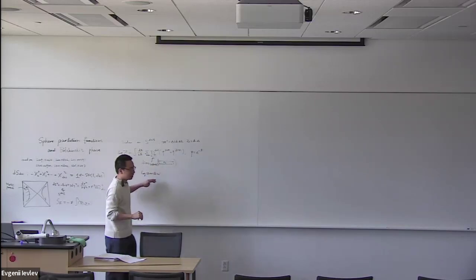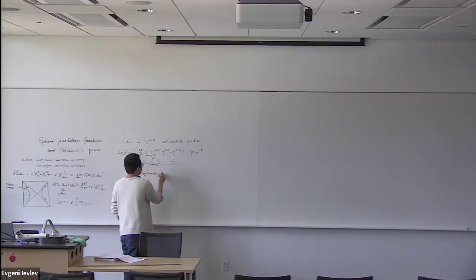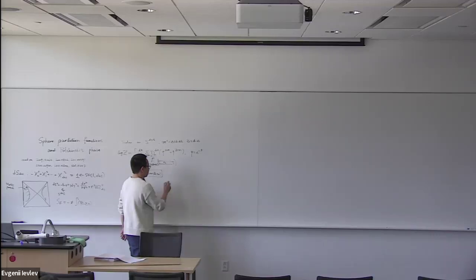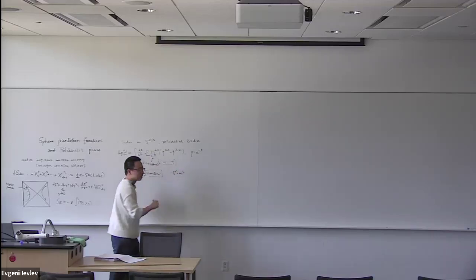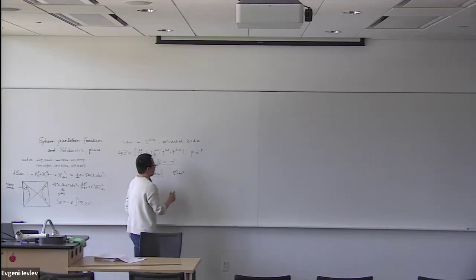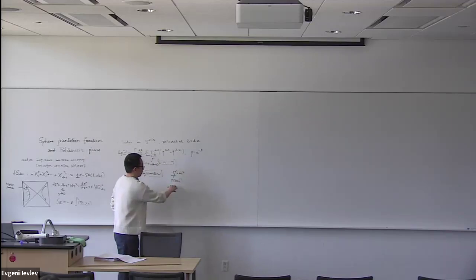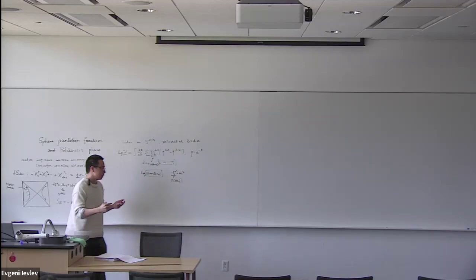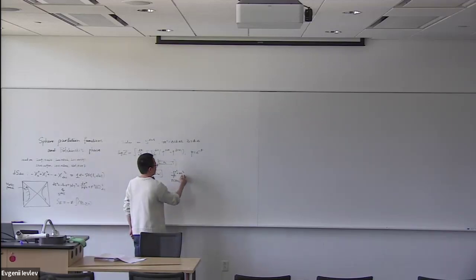That's exactly the eigenvalue: delta plus n times delta bar plus n is the eigenvalue of the Laplacian operator, because this thing has eigenvalue n times (n plus d), and this is delta bar.